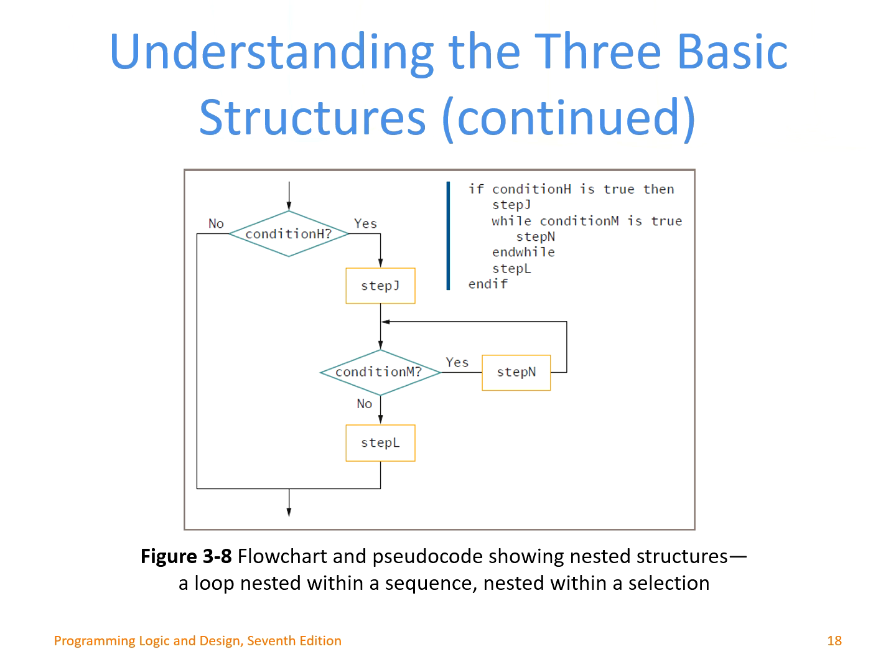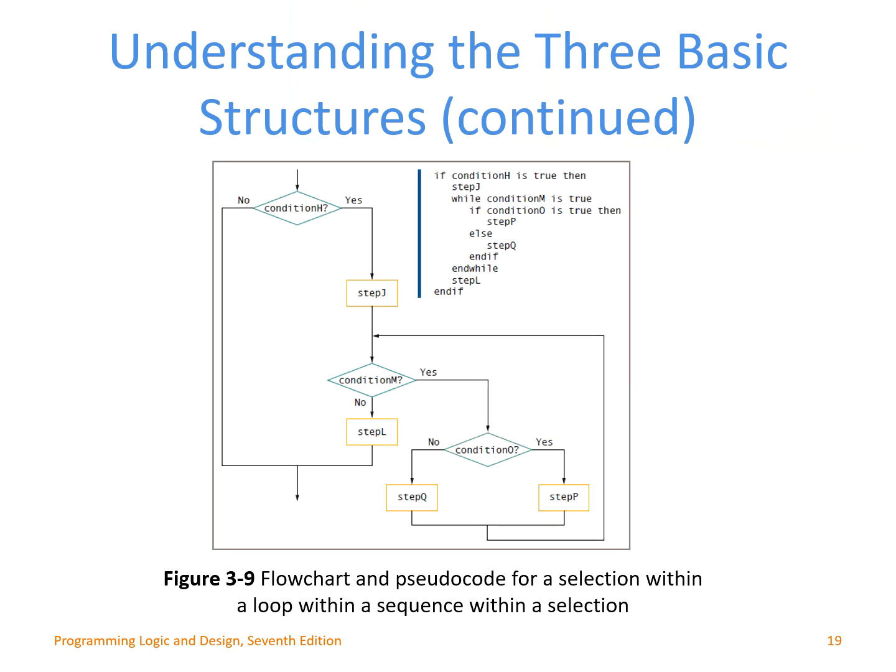In other words, this is a combination of a loop nested within a sequence and nested within a selection. So Figure 3-9 shows the flowchart and pseudocode for a selection within a loop within a sequence within a selection.